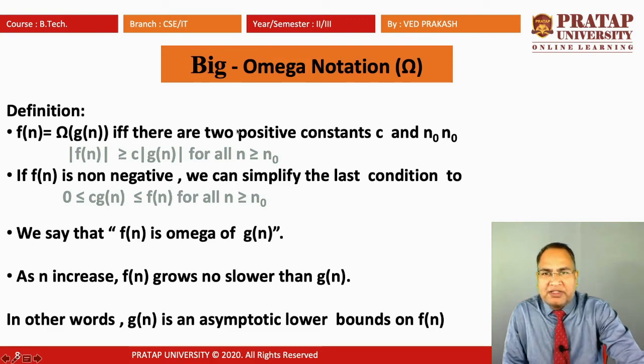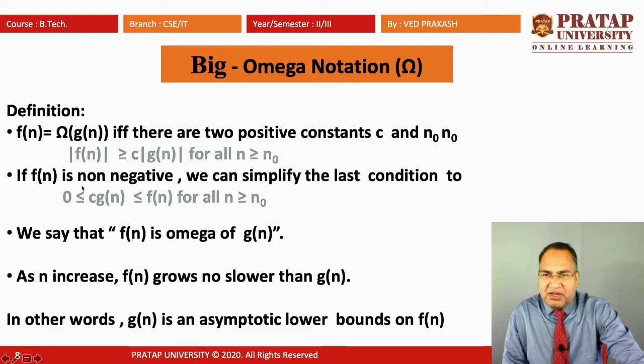Next is big omega notation. Here is the mathematical definition of big omega notation. F(n) is big omega of G(n) if there are two positive constants C and n0 such that F(n) is greater than or equal to C times G(n) for all values of n greater than or equal to n0.